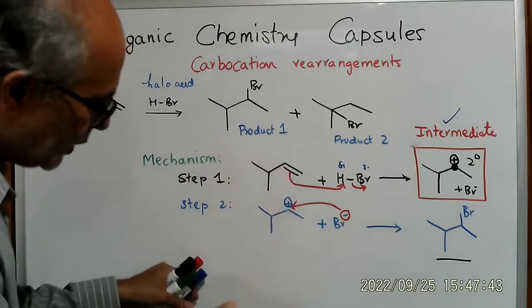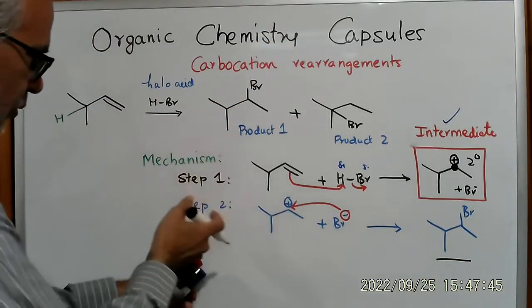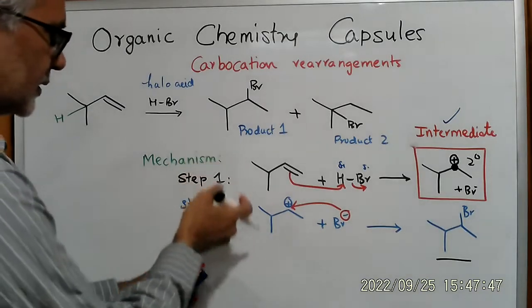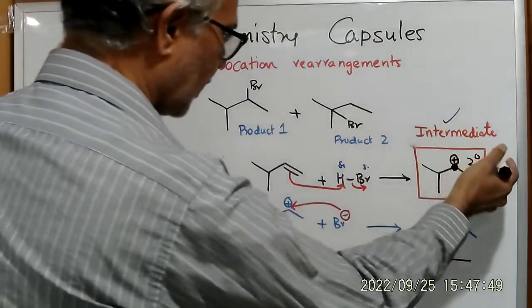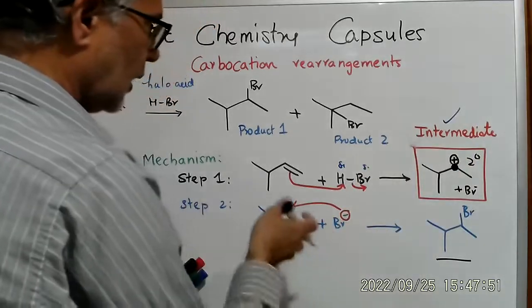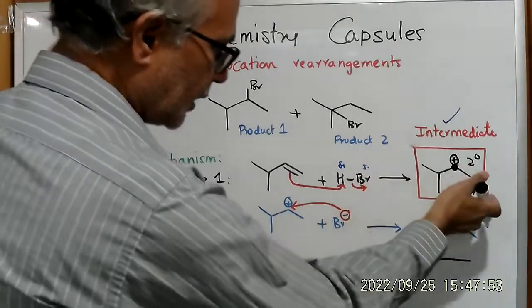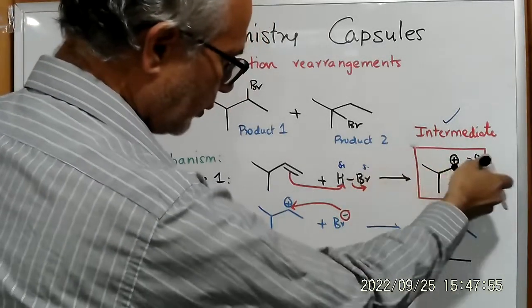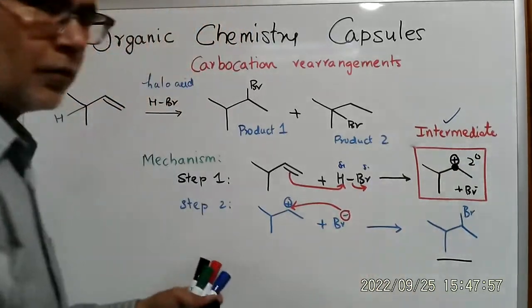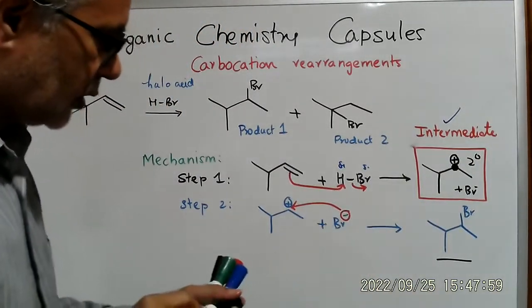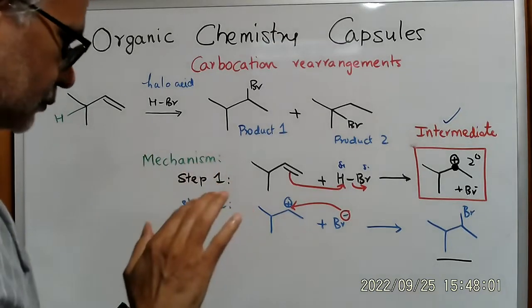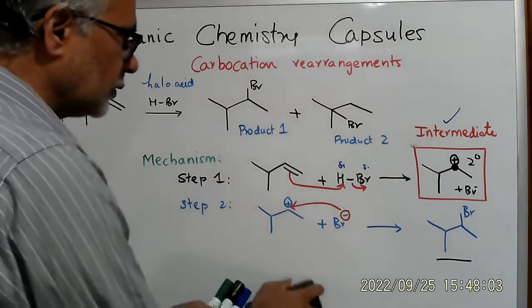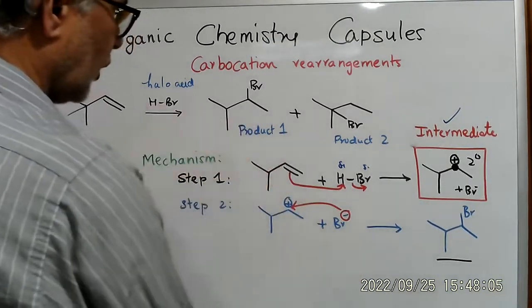So this reaction has 2 mechanistic steps. In step 1, a carbocation intermediate formed, and in step 2, the intermediate reacted with the other product of step 1, bromide, to form the desired product. That's how product 1 forms.